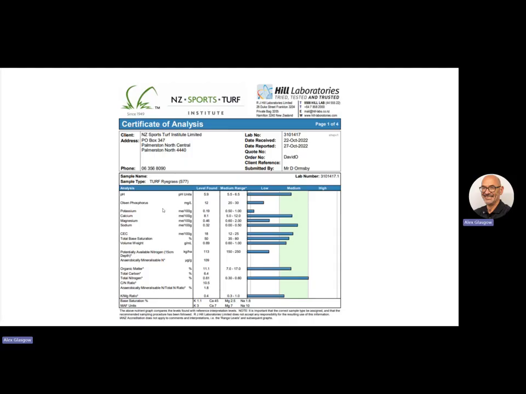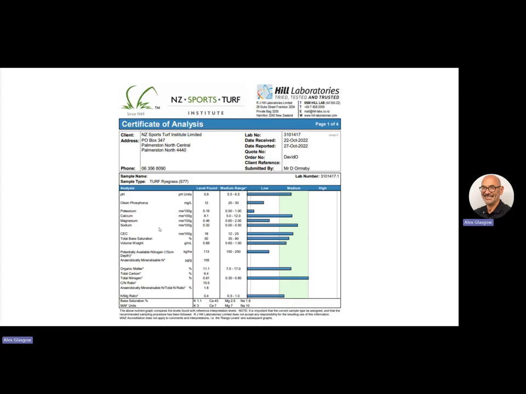Then I'll just talk about these different variables that are tested. I mean, really, you don't get an awful lot in a basic soil test. You get pH, you get phosphorus, potassium, calcium, magnesium, and sodium, which are known as cations, and you also get the cation exchange capacity. So just on pH, I'll talk a little bit further about that on the next slide. Phosphorus, you can see this is called Olsen phosphorus. What that refers to is the type of extraction that they do.